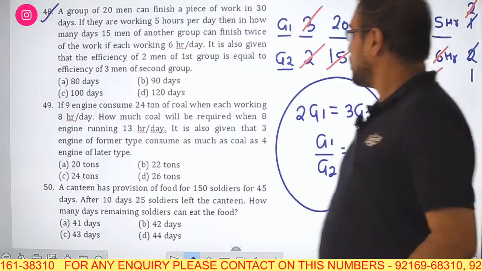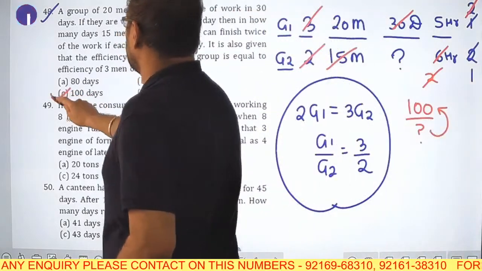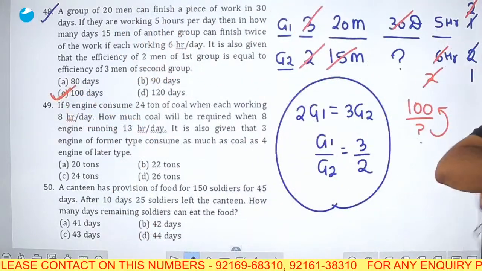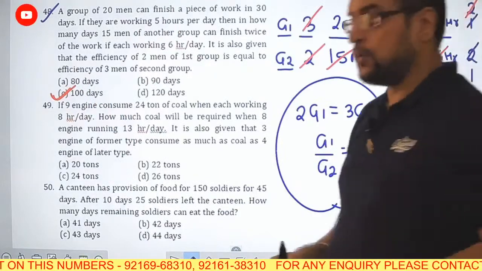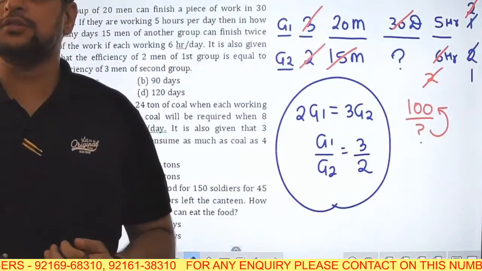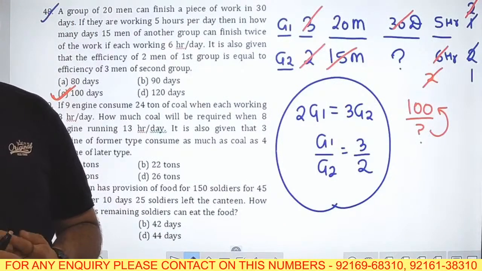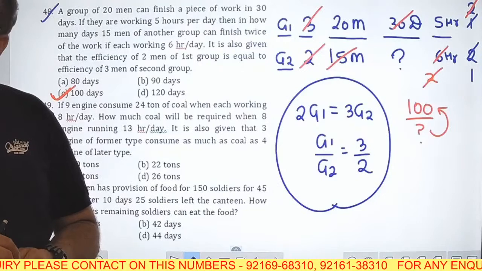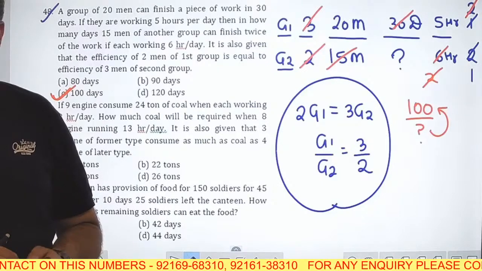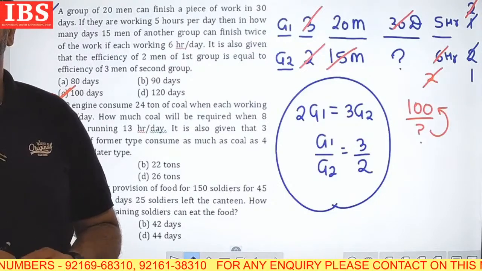So 100 days will be required. That means option C is the right answer. So this was the question in which all five things are mentioned: men, work, efficiency, days, and hours.